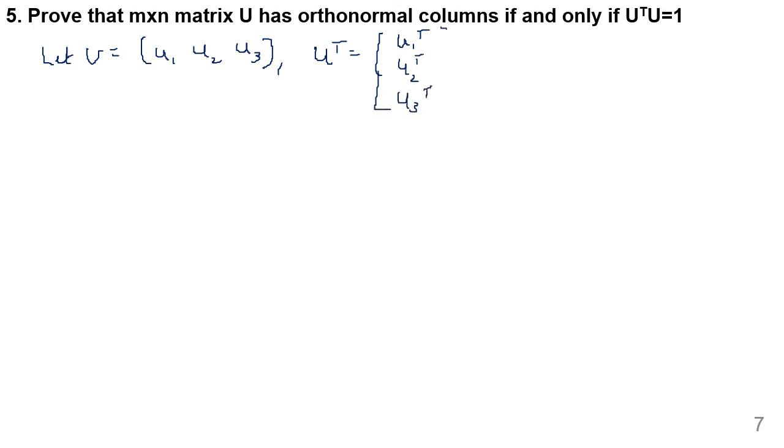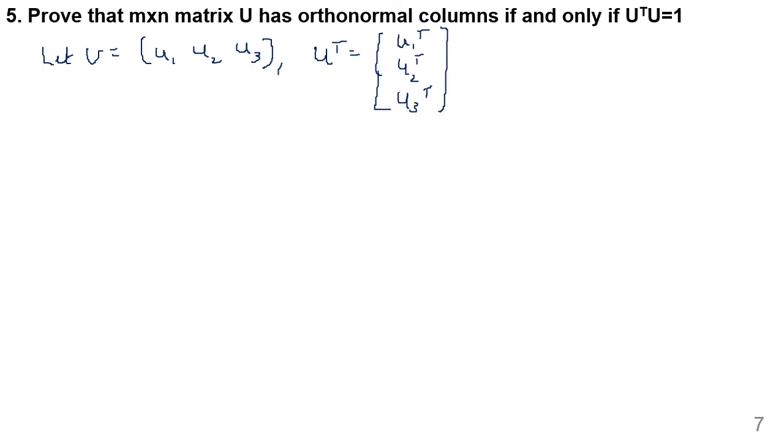Next problem, prove that an m cross n matrix U has orthonormal columns if and only if U transpose U is equal to I. So let U be equal to [u1, u2, u3] and U transpose be equal to the matrix with rows u1 transpose, u2 transpose, u3 transpose.